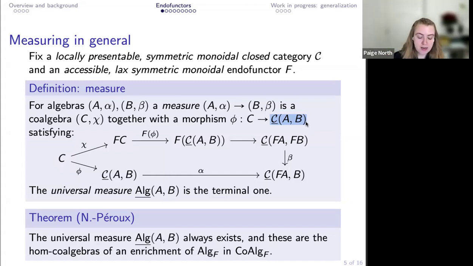Okay, so to rephrase our theorem now that we have some more vocabulary, we prove that the universal measure always exists, and that these are the Hom coalgebras of an enrichment in the normal category of coalgebras. I'm using normal in a non-technical sense. So this is what Emily asked.